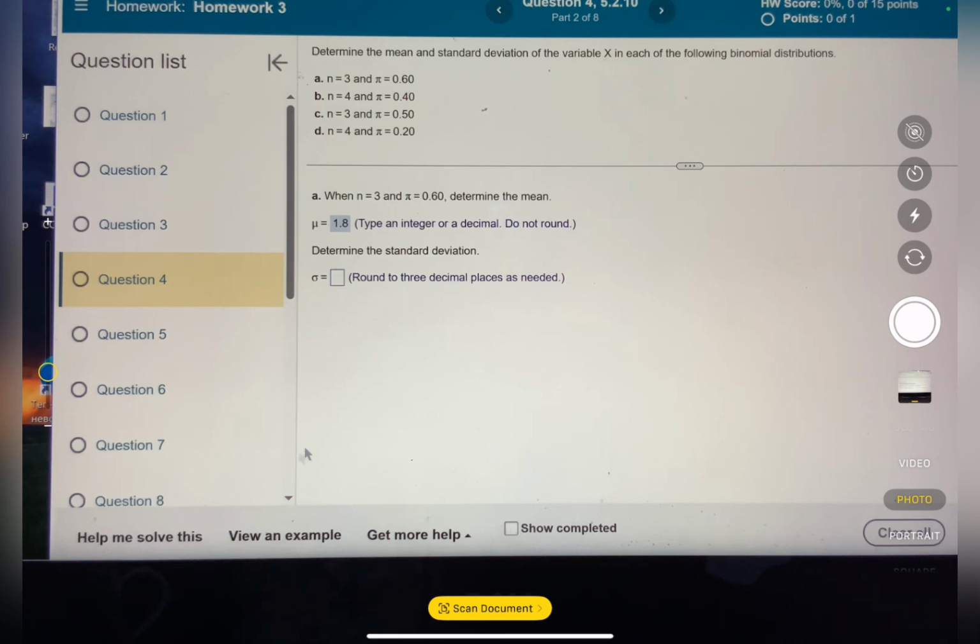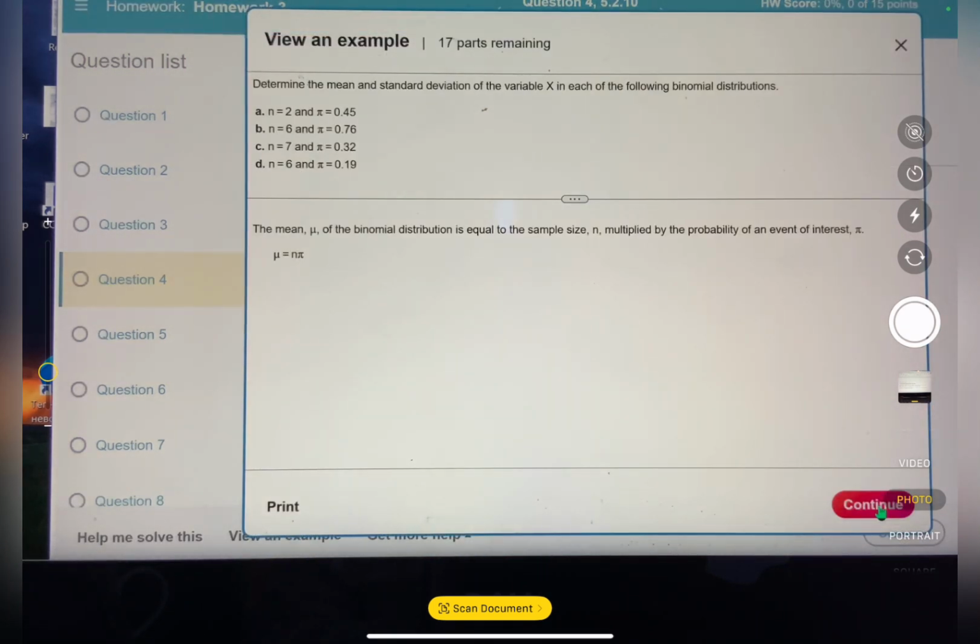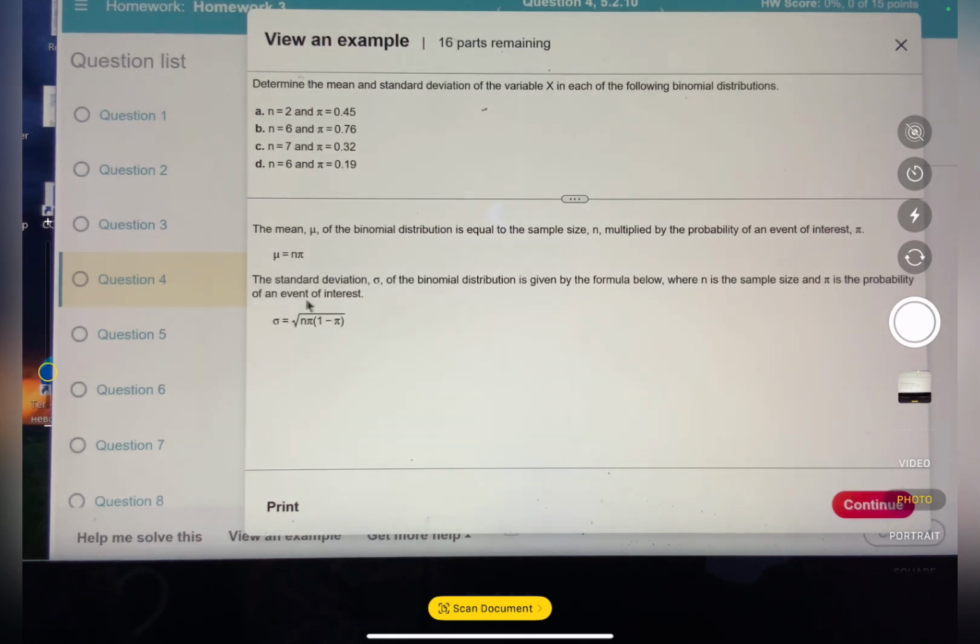Now, standard deviation. Let me open the standard deviation. Here is the standard deviation formula. Sigma equals the square root of n times pi times 1 minus pi. What does that mean? Well, n times pi is our average, mu, right?